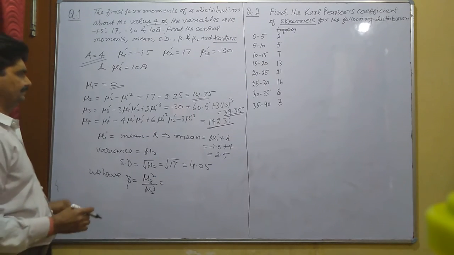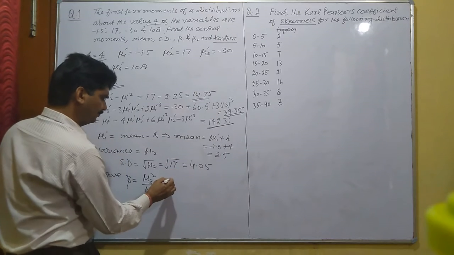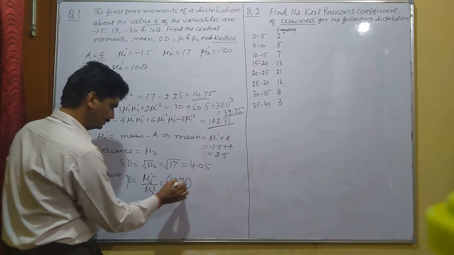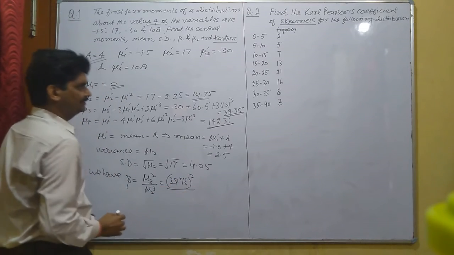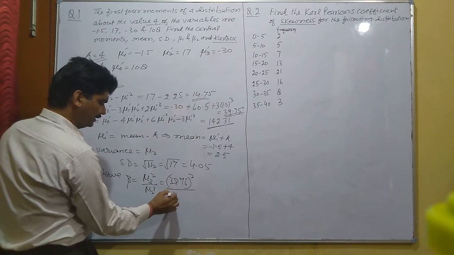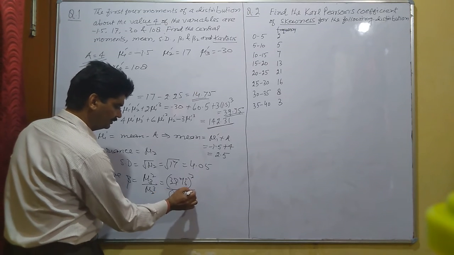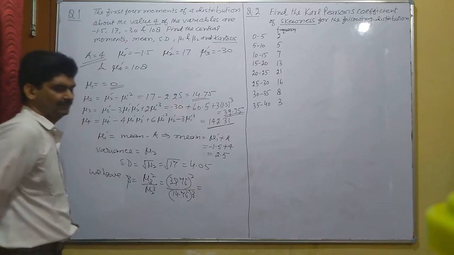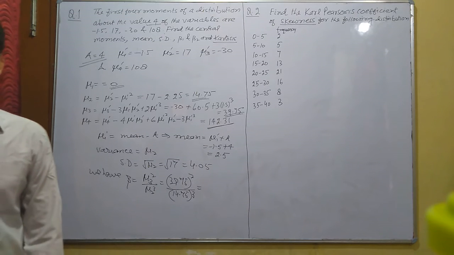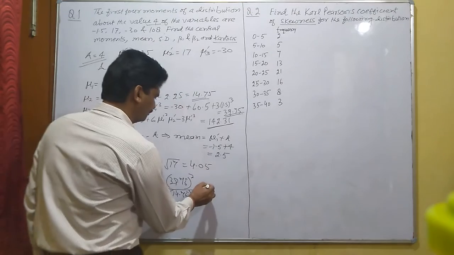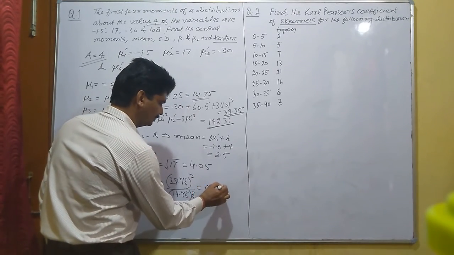Mu3 square, the third central moment, 39.75 squared, upon the second central moment, 14.75 cube. After simplifying, we get 0.4924.